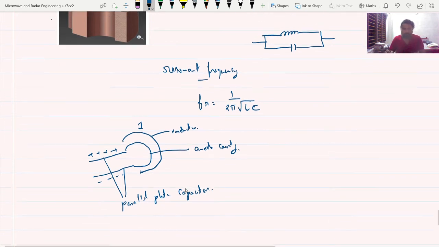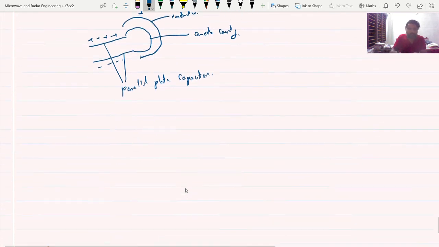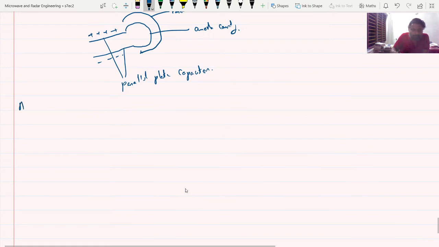Let me see some of the advantages of the magnetron oscillator. The first advantage: it is a high power microwave generator.